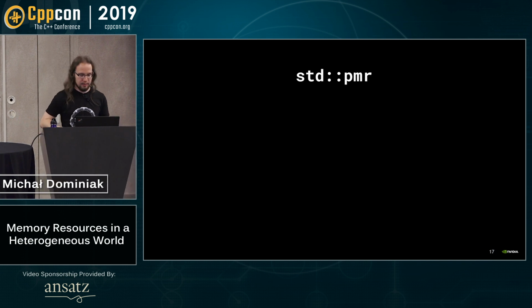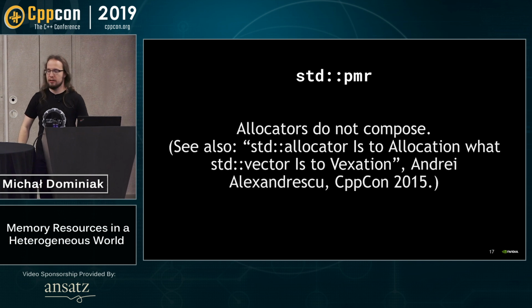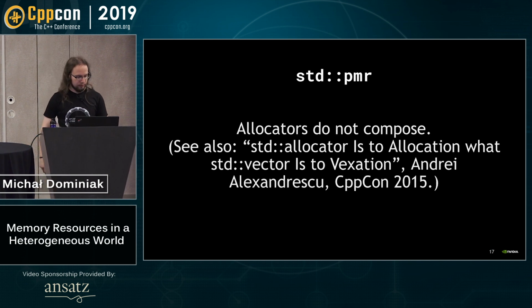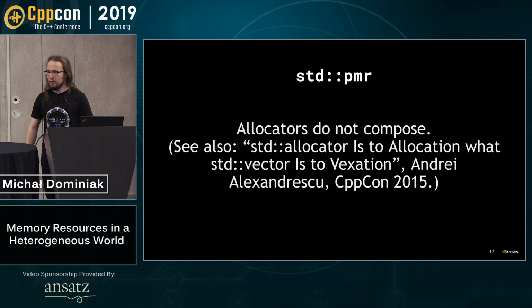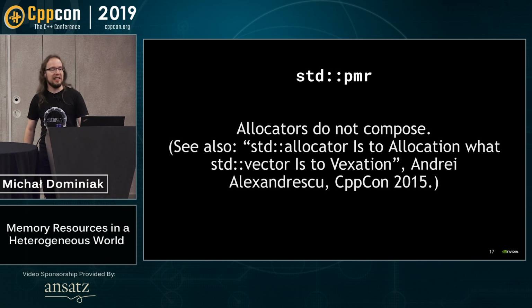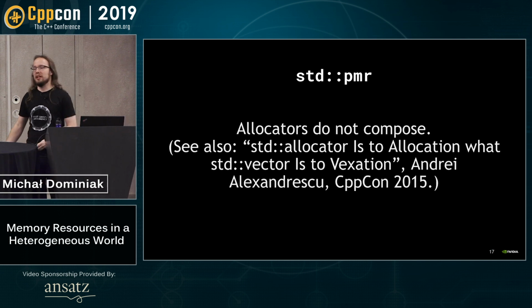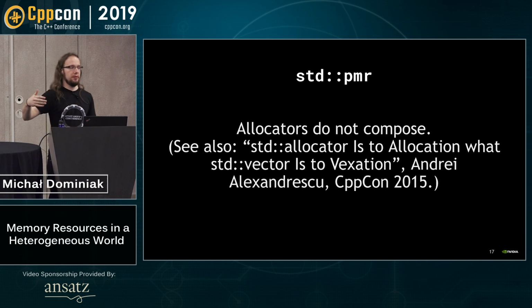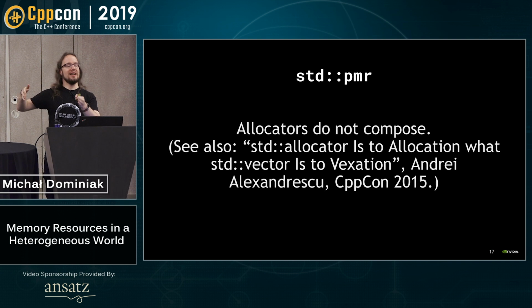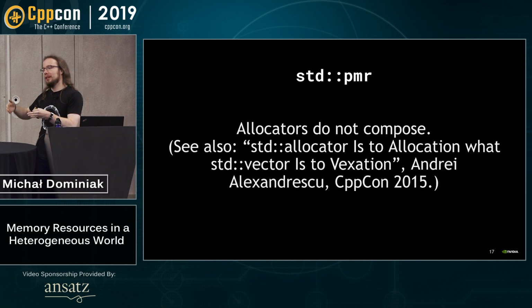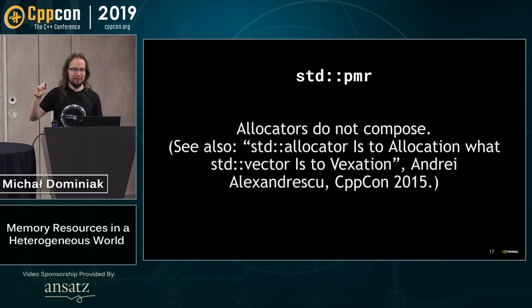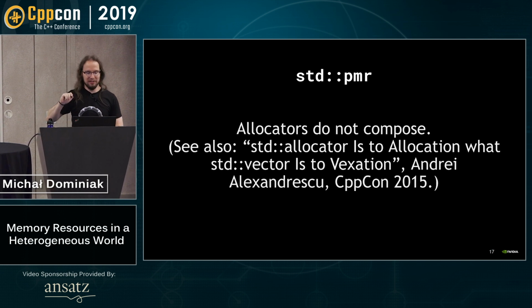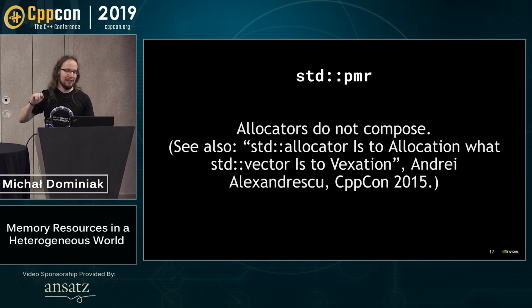All right, let's quickly go through what std::pmr provides. Oh, sorry, I've run ahead of myself. Allocators do not compose, because allocators deal with types and objects. You cannot easily have an allocator which takes an allocator of an arbitrary type and performs some additional logic on top of that. And Andrei had a very entertaining talk about this a few years back: "std::allocator is to allocation what std::vector is to vexation."